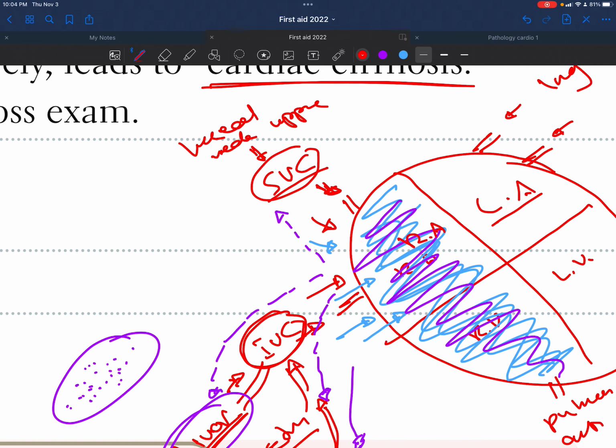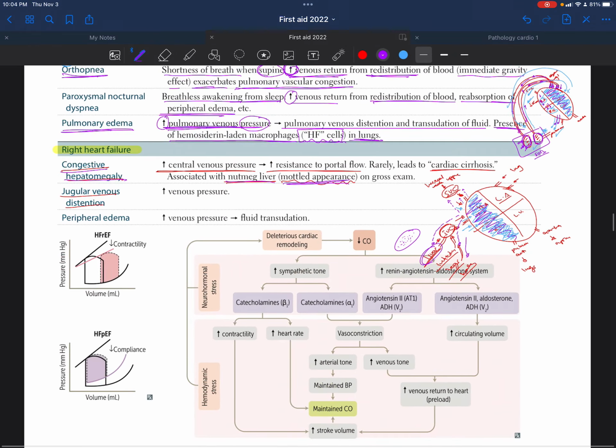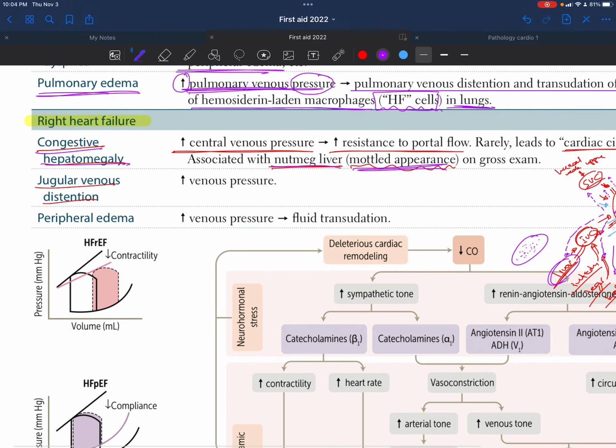But it just gets startled and shocked because it sees that this side of the heart is not working properly. So it needs to back up into the superior vena cava. And if it goes into the superior vena cava, it will, of course, end as jugular venous distension. So that's due to the increase in venous pressure.